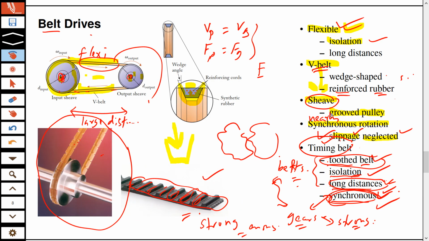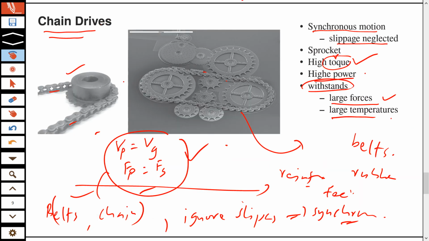Just like this special type of pulley they were called sheaves. For chain belts, the structure which plays the role of a pulley, you don't call it a pulley, you call it a sprocket. Remember, the sheave is replaced by what you call a sprocket.